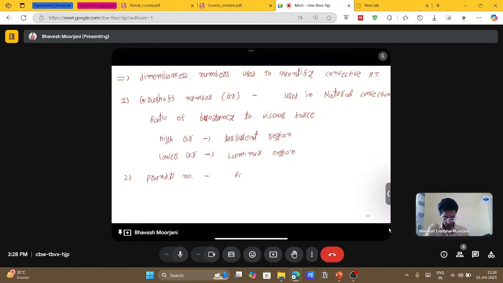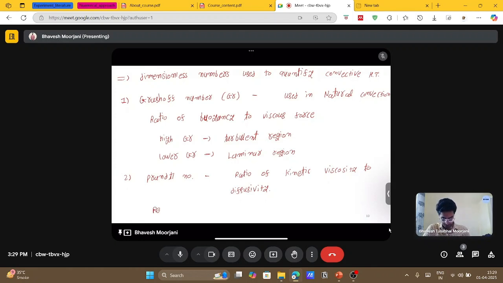So it's a ratio of kinematic viscosity to thermal diffusivity. So it helps us to relate whether the velocity boundary layer or the thermal boundary layer, which one be more dominant.